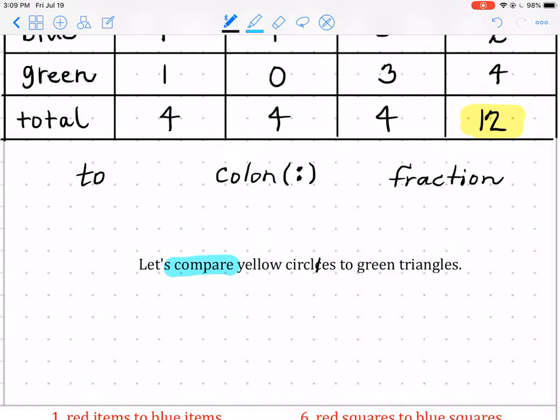Okay, so we're looking at a ratio because I see the word to, T-O. And when I taught all the time, I had my students get in the habit of circling that word in a ratio problem because that's the important word. Everything pivots on this word. So to set up a ratio, the first thing you need to do is to count the number of items that fit that first description.